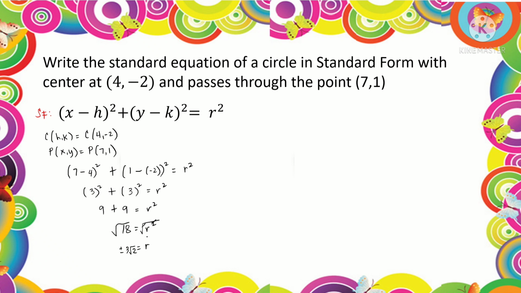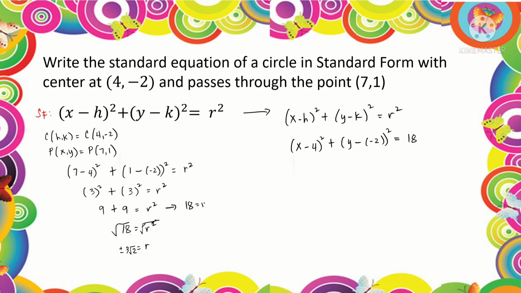But since we are just looking for the standard equation of a circle, we can rewrite now the standard equation by using again this standard form. x minus h to the power of 2 plus y minus k to the power of 2 is equal to radius squared. Your center is x minus 4 to the power of 2 plus y minus -2, the value of k, to the power of 2 equals your radius squared, which is 18 from here.